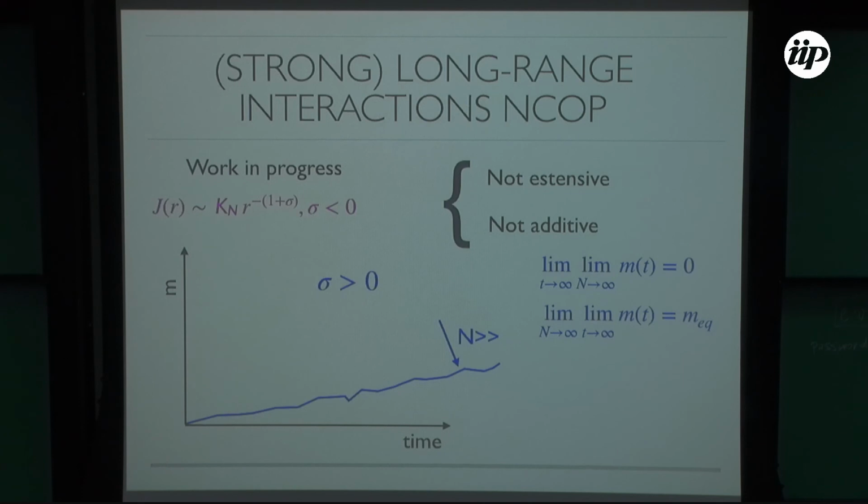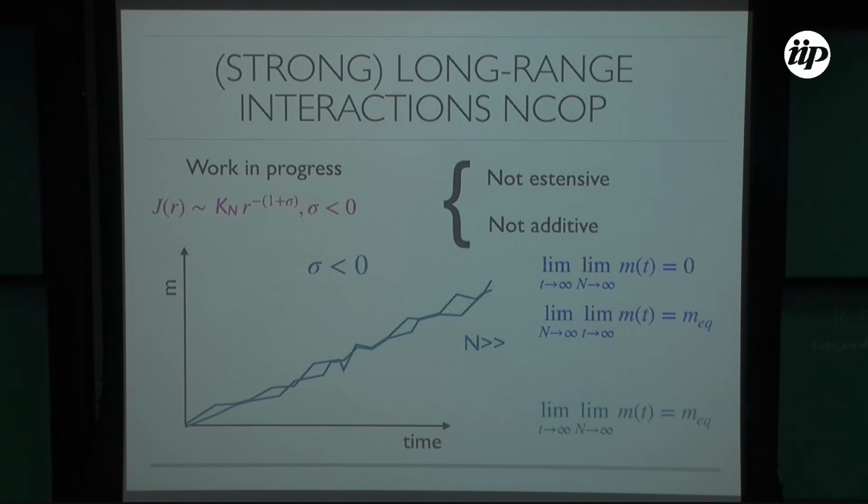Now, with very long-range interaction, things are radically different. What happens with sigma smaller than 0 is that if you have some magnetization and then you increase the system size, the magnetization stays there. It is independent of the system size. So this means that the order of the two limits is not important, and of course that coarsening is destroyed by this long-range interaction.